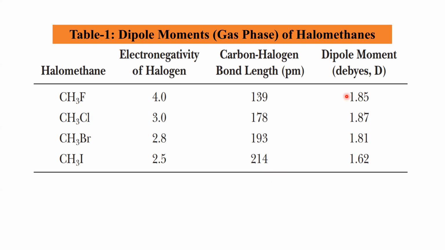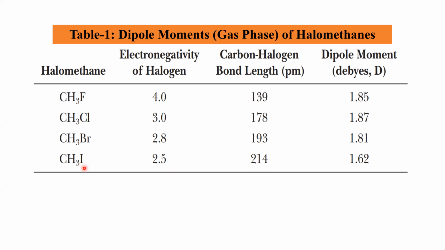For example, this is 1.85 and this is 1.62. That makes sense because this one is highly electronegative and this one is relatively low in electronegativity. The bond length of fluorine is just 139 as compared to 214 for iodine, because iodine is bigger in size.